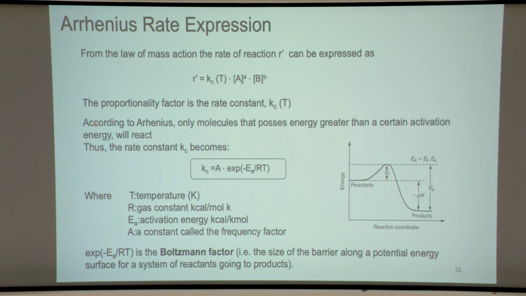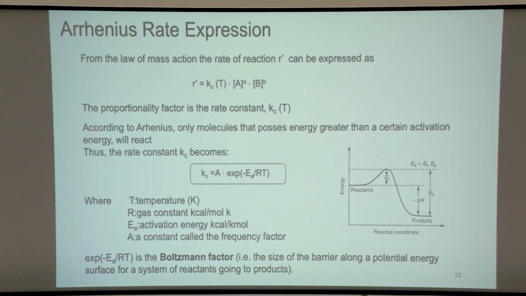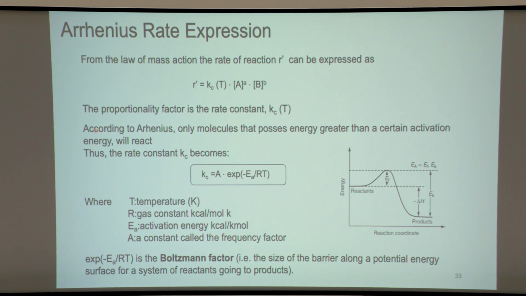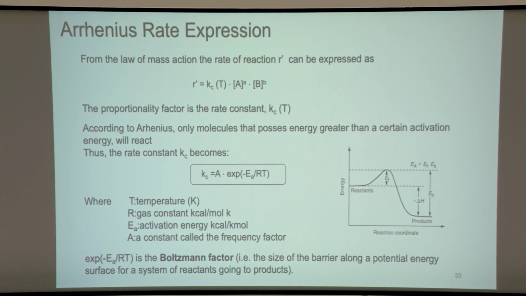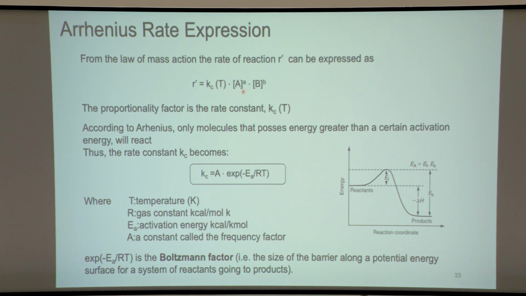Then all these elementary reactions will follow the temperature dependence described by the Arrhenius law. So again, we say the reaction rate is a function of Kc, which is a function of temperature, and the concentration of species raised to their stoichiometric coefficients for an elementary reaction. We call Kc the rate constant, but it's not constant because it changes with temperature and pressure.